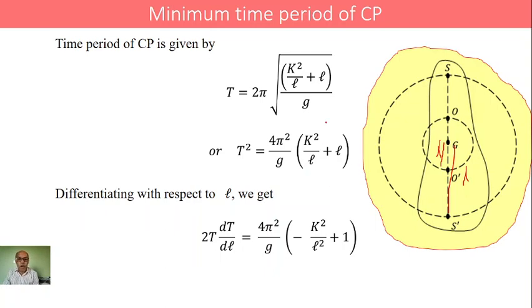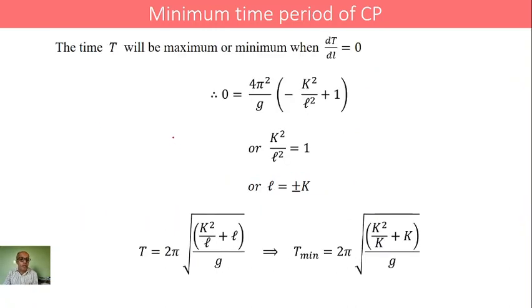The time period of a compound pendulum is given by the expression T equals 2 pi into root of (k square by L plus L) whole divided by g, or squaring on both sides we get T square is equal to 4 pi square by g into (k square by L plus L). Differentiating this with respect to L, we get 2T into dT by dL, that is equal to 4 pi square by g, which is constant, into (minus k square by L square plus 1).